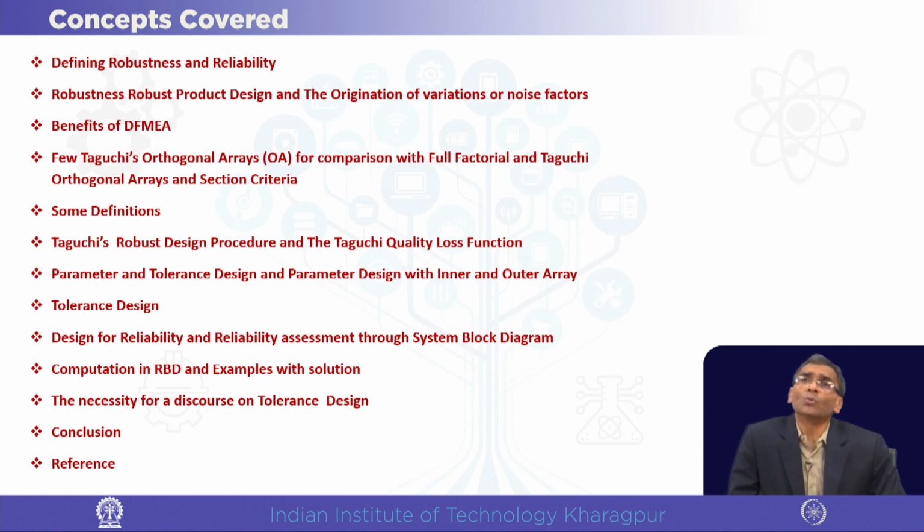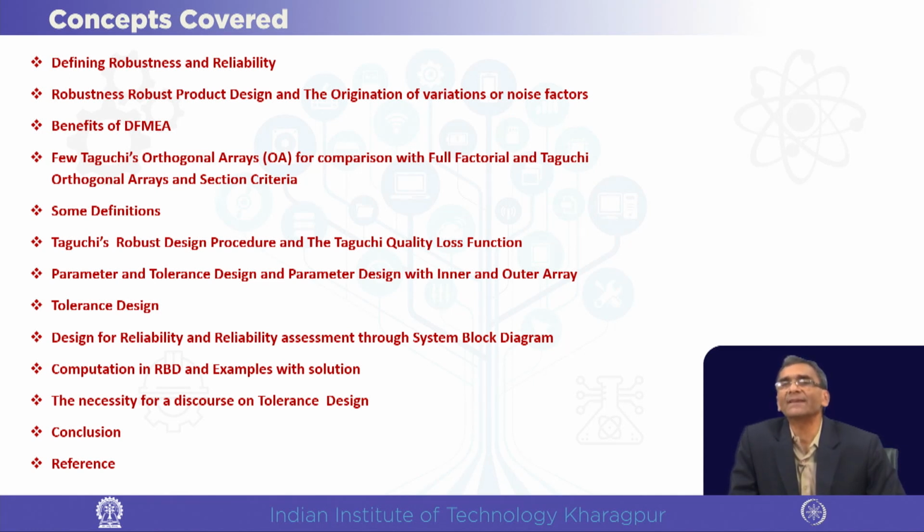We would know what is robust design, how it is different from the rugged design, etc., what is the special purpose of it. Then we would discuss that robust design has two pathways. One is the FMEA pathway, the failure mode and effect analysis, which has two subcomponents.